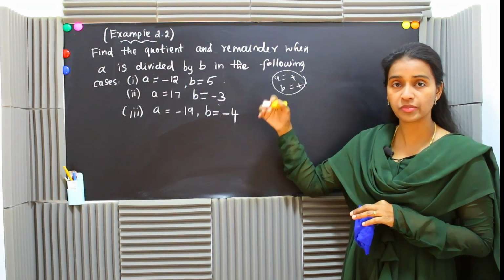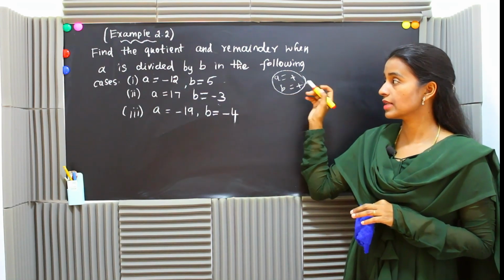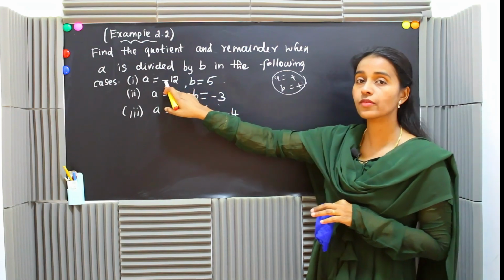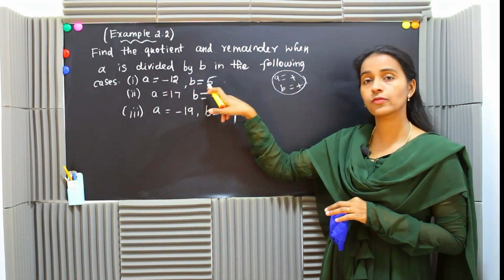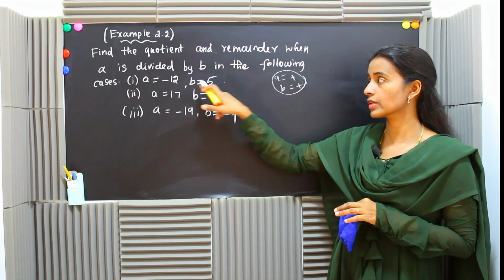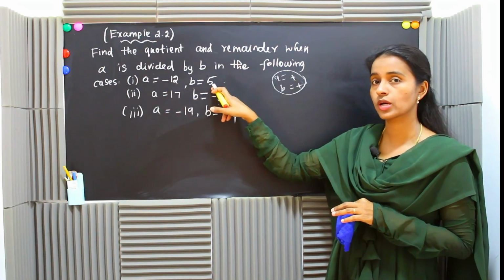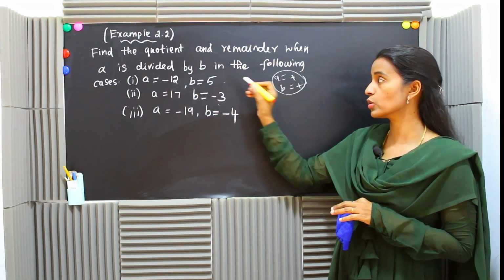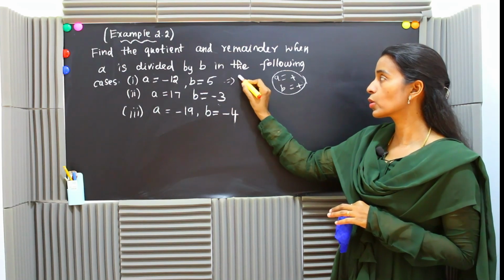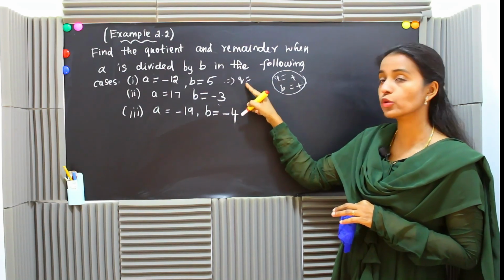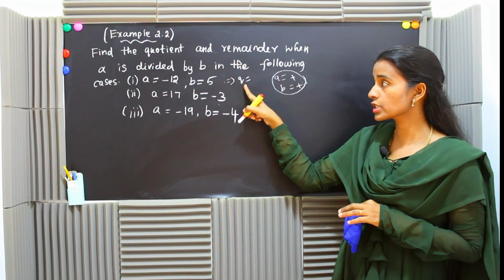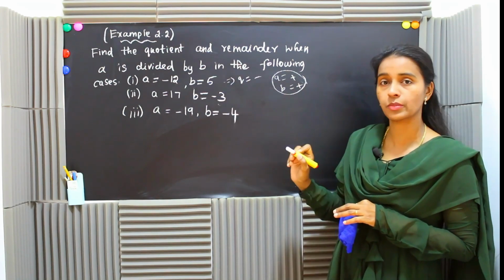We should remember something, that is, here we have one negative number and one positive number. This is negative and this is positive. We have only one negative number. So here the quotient, Q means quotient, should be a minus number. Why?